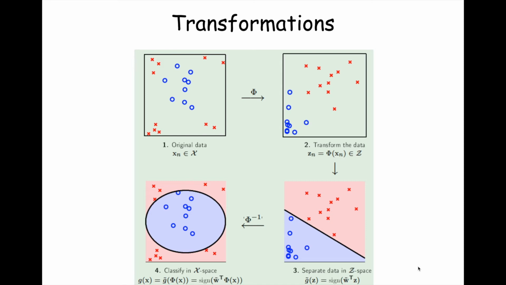So now that you're in feature space, this is where you do the classification, right? And then you get a final best hypothesis. That final best hypothesis we'll call G tilde, and G tilde is going to accept some new input feature vector in feature space Z, and it's going to perform classification of that new point Z using W tilde transpose Z. Okay?